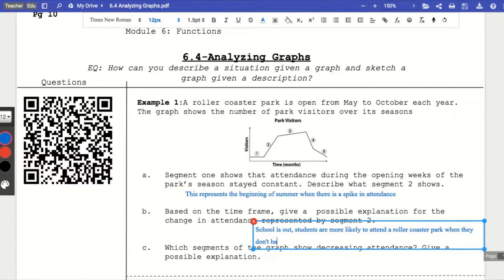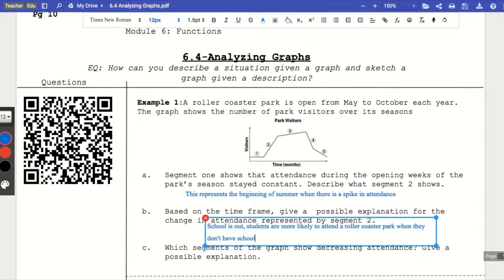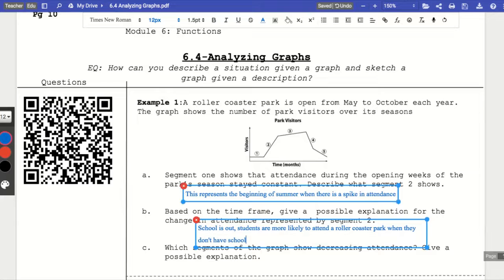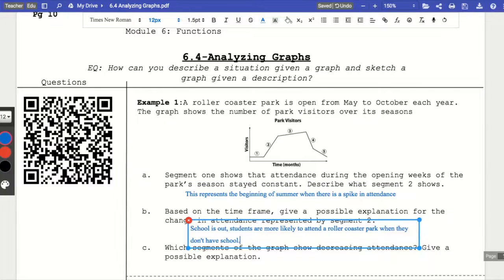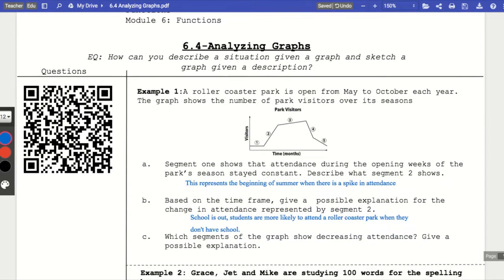And they don't have school, right? We all go on vacation for the most part. We at least try to do fun things in the summer, right? So it's going to make sense that if the roller coaster park was in Lincoln City, we would head that way.